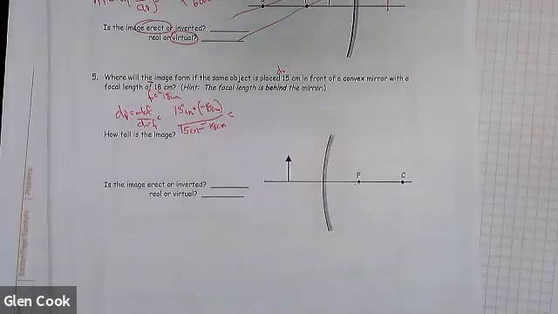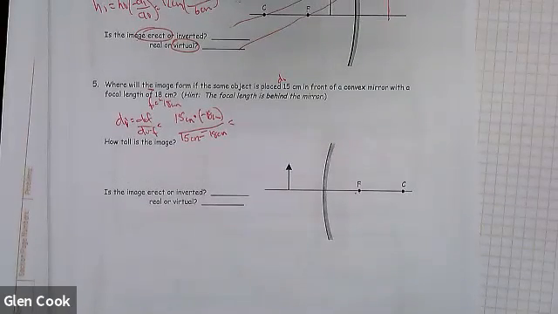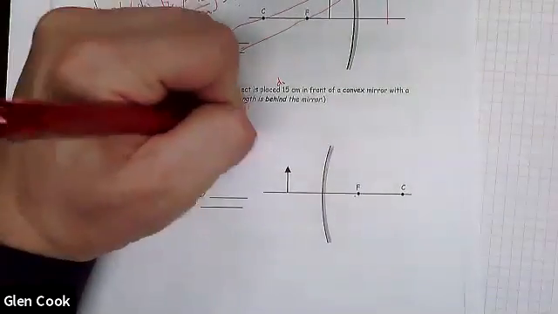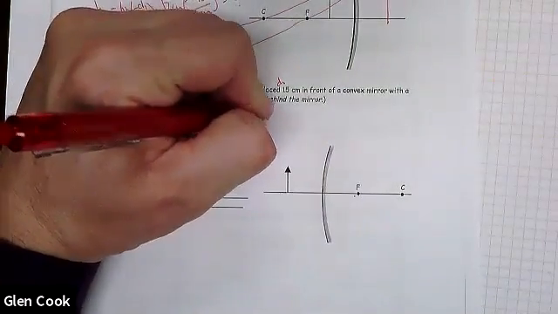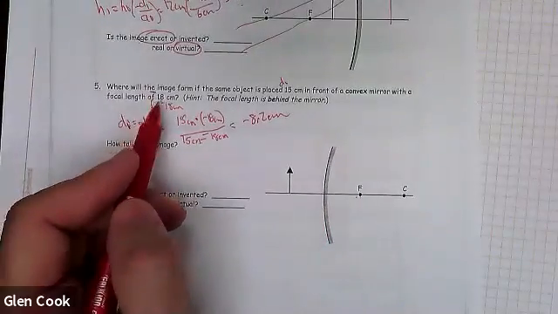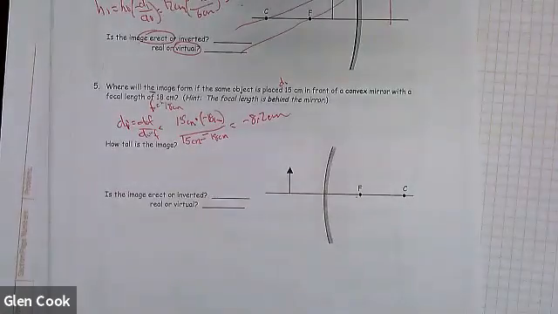Okay, so 15 times negative 18 and divide by the quantity 15 minus negative, so it's 15 plus. And the answer is negative 8.2 centimeters. So that's behind the mirror. And if the focal length is 18, it's less than the focal length, which is good.